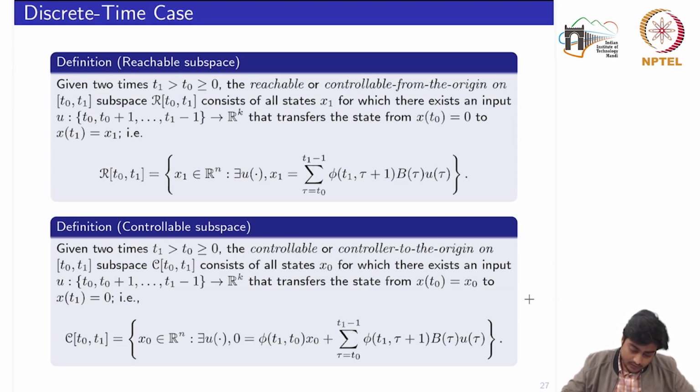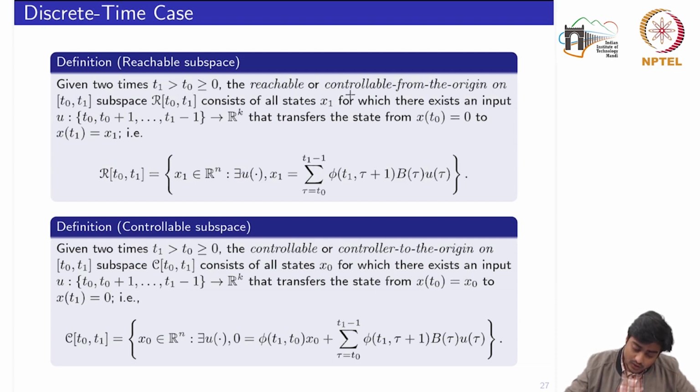So again recalling them for the discrete time systems, given two times t1 greater than t0 greater than or equal to 0. Note that, do not forget, t here belongs to the set of integers. So we are talking about the discrete time systems.